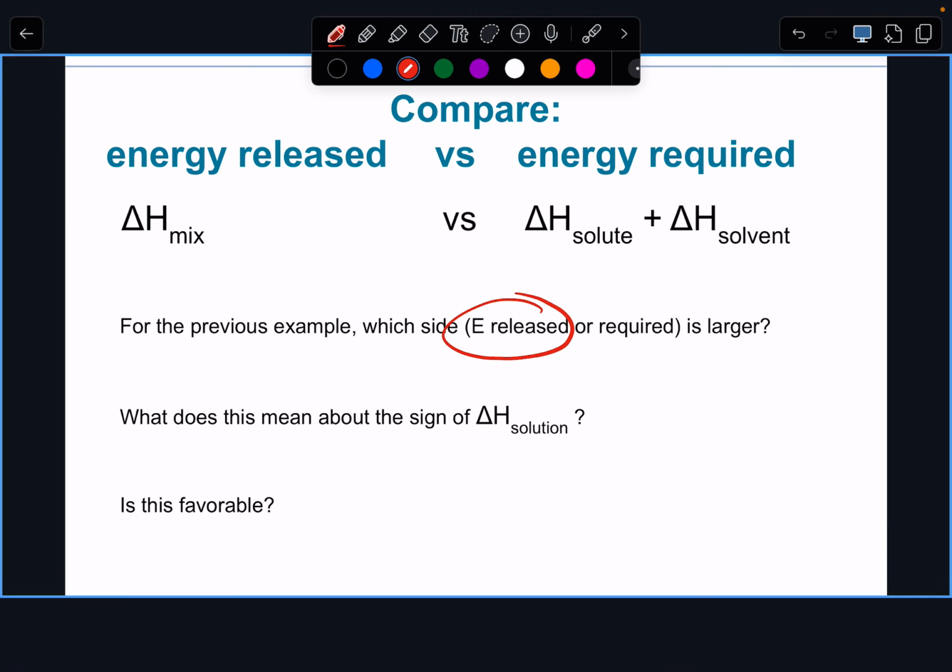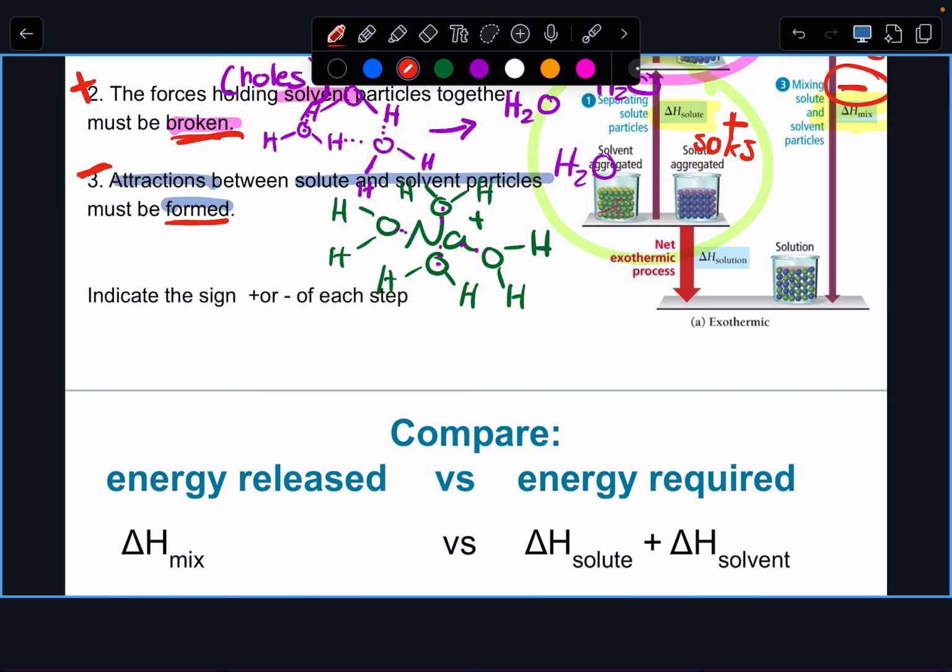What does this mean about the sign of delta H solution? So the change overall, like this is initial, and this is final. Going from here to there, we're going to call that the delta H of the solution. It's really just the sum of all of the energy in these 3 steps. So 2 that are required, 1 that's negative and released.